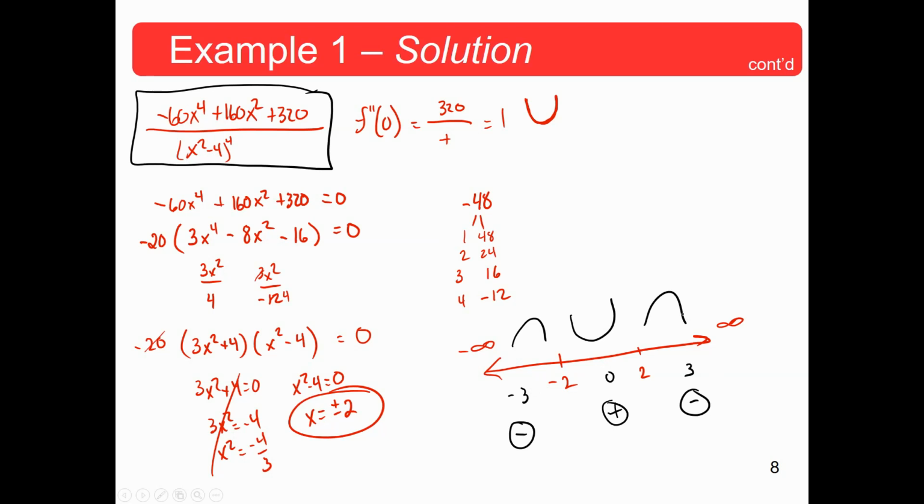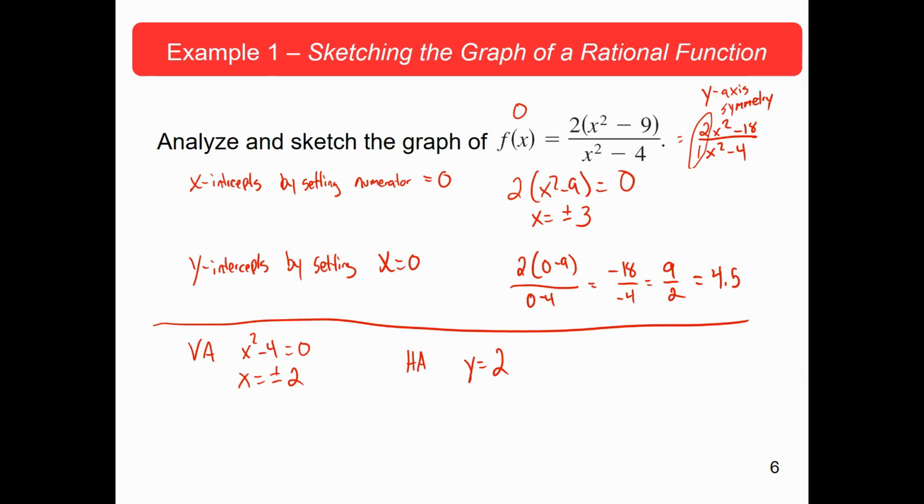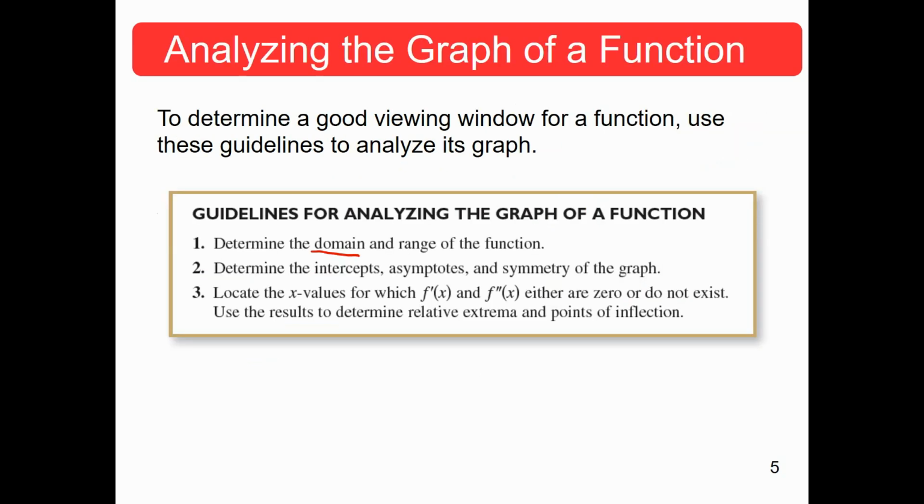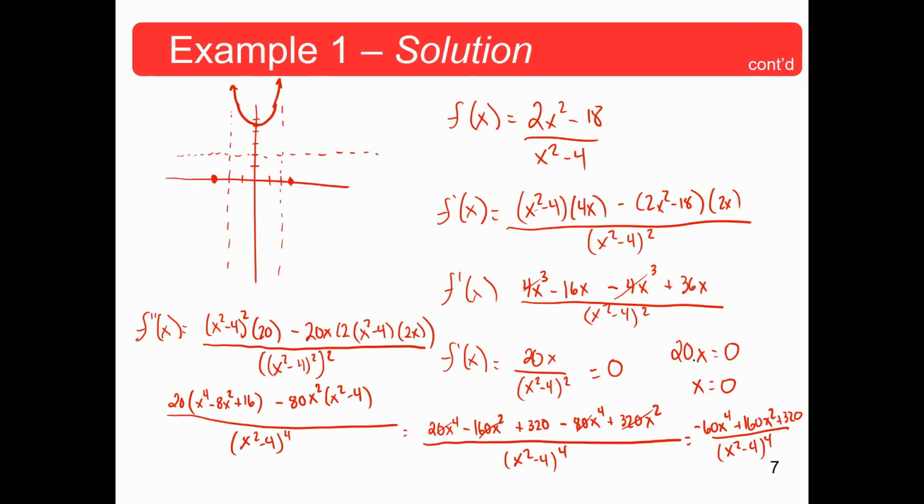Now, I want to show you something. Back to the original function. What is this? X squared minus 4. That means that x equals plus or minus 2 are not defined, right? Which means if I had tried to get plus or minus 2 as the first derivative, they would not have been critical numbers, right?